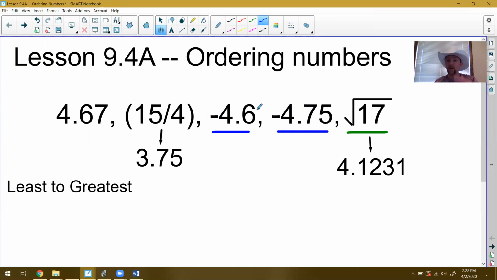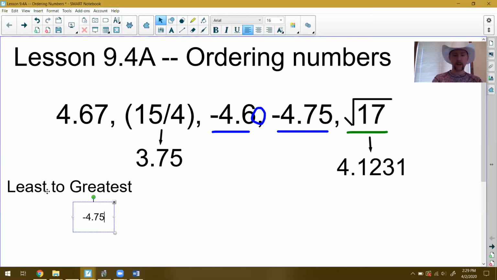And remember, if you want to compare these better, you can always add zeros to your decimal numbers that don't have as many places in the decimal. Now it should make sense that 75 is more negative than 60, right? 75 is bigger, so it is a more negative number. So my least number in this case is my negative 4.75.